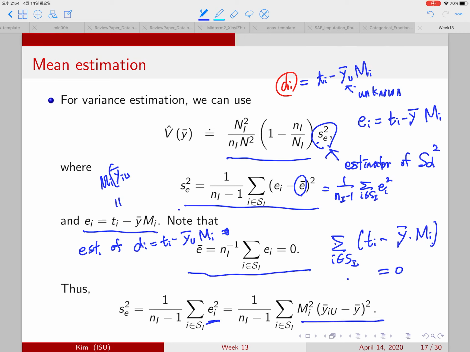So minus, so you can write it, let me write it carefully. You can write it this way, ei. So then you have mi squared times this one. Okay.